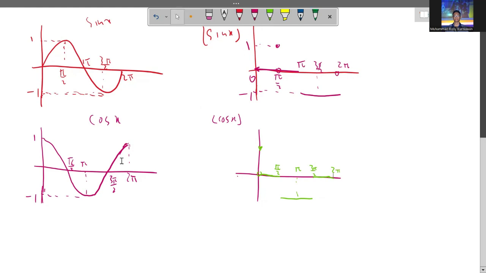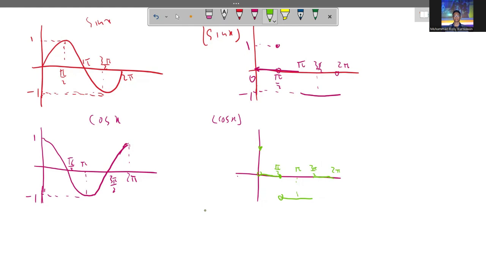So think about why the GIF of cosine of x looks like this by using the same principles as sine of x. There are some discontinuities that you will need to resolve, as in where is the value for x equals pi over 2? Well, it will be here, not here.